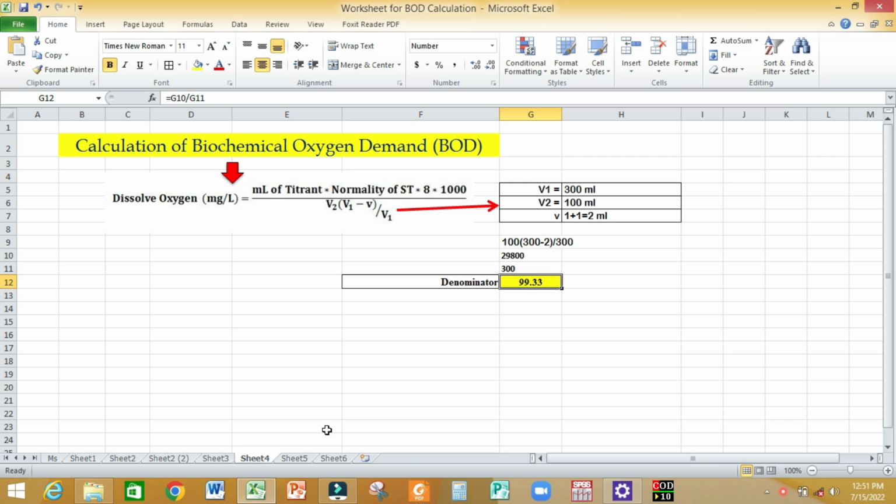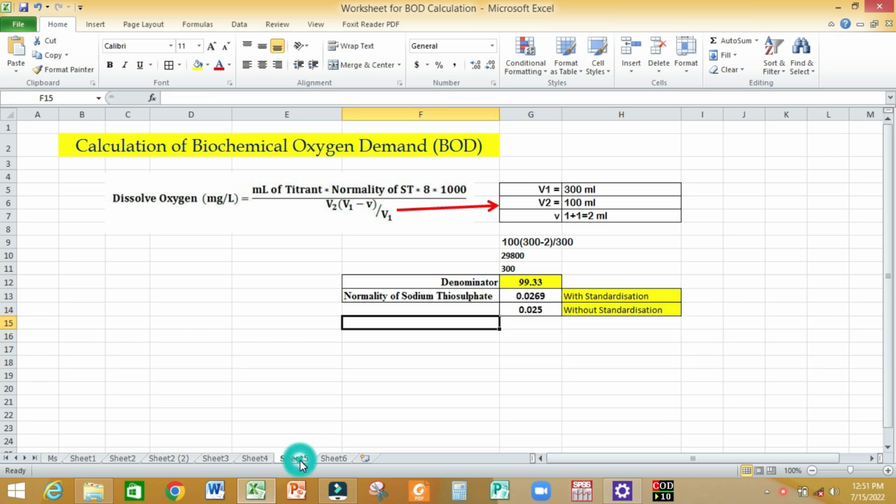In case you standardized the sodium thiosulfate, because I did standardize the sodium thiosulfate, the value that I'll use will be 0.0269. But in case you do not standardize your sodium thiosulfate solution, then you can use this value as 0.